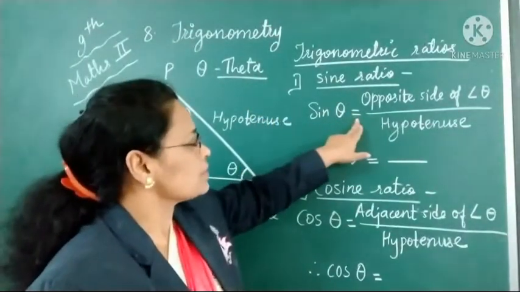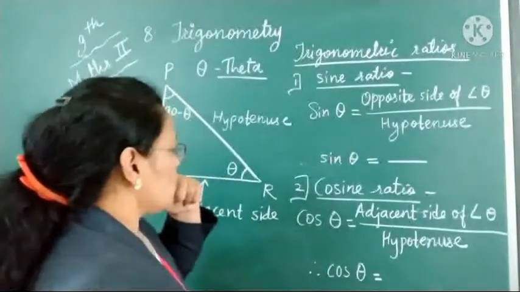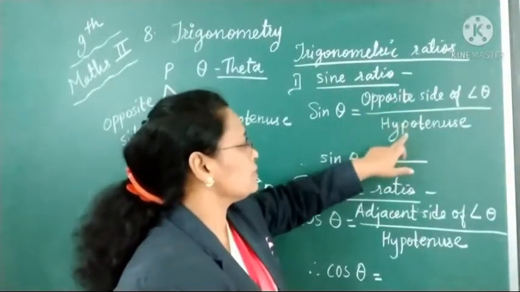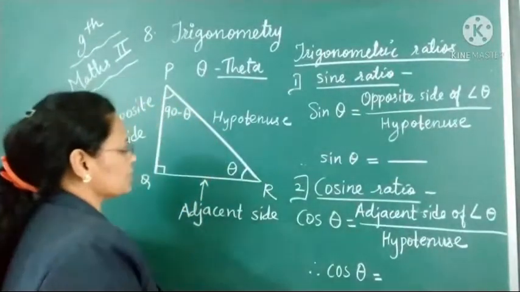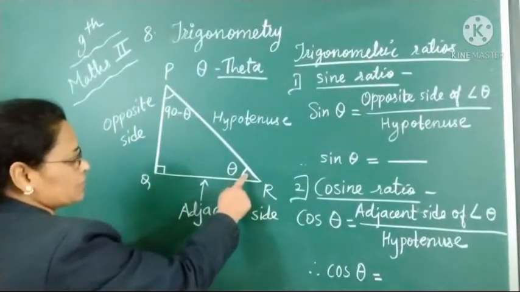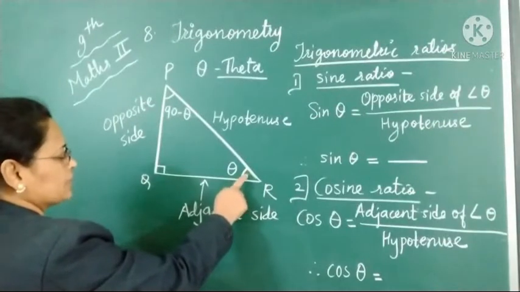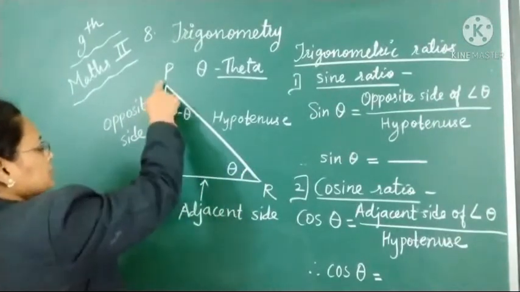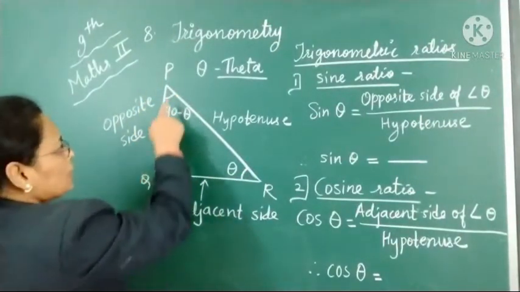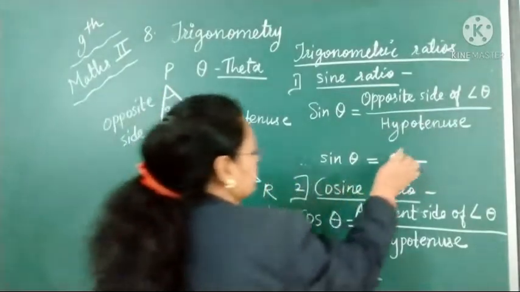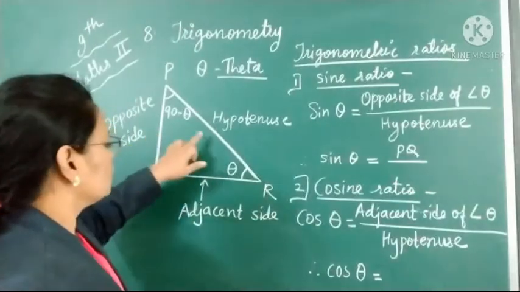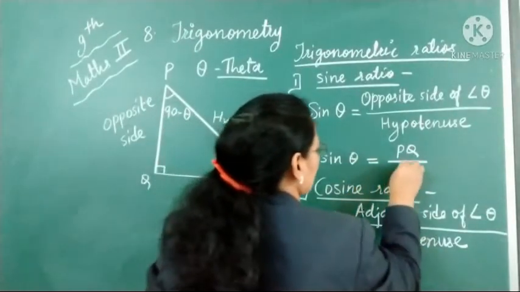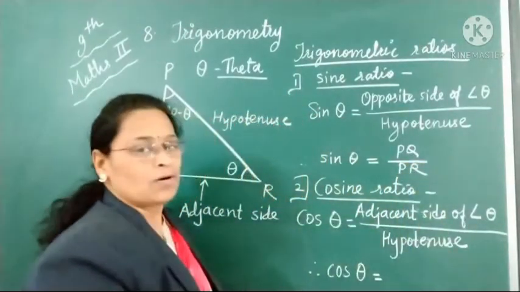Sine theta is equal to the ratio of the opposite side of angle theta to the hypotenuse. So here, if we want to write sine theta, its opposite side, that is side PQ, upon the hypotenuse PR. So sine theta in this triangle is PQ upon PR, the ratio of the opposite side of angle theta to the hypotenuse.